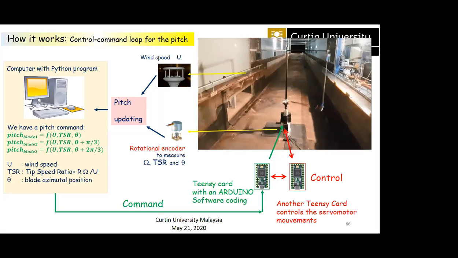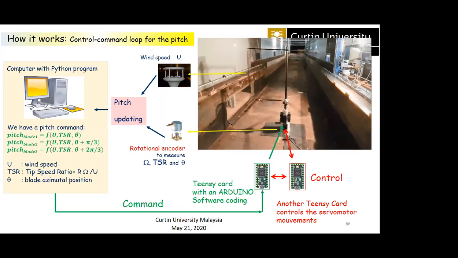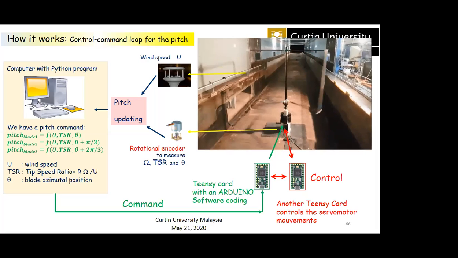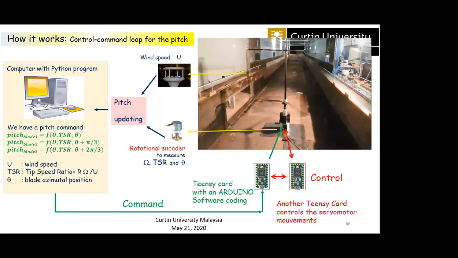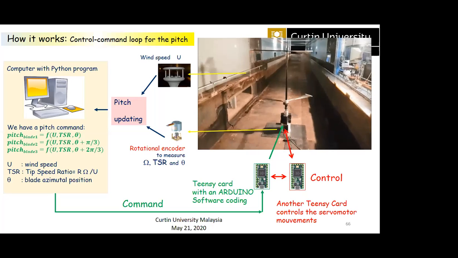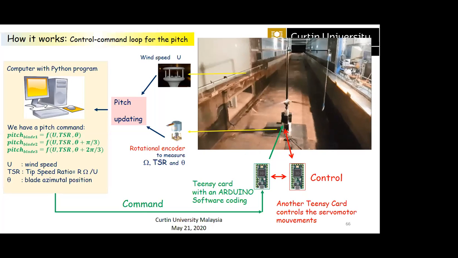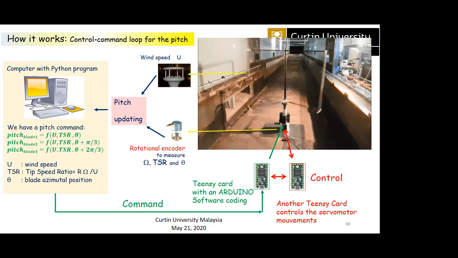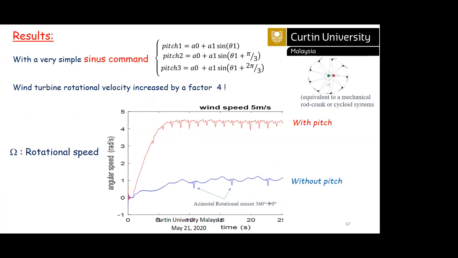We fed this information back to the computer. The computer takes the data for TSR, the angular speed and the incoming wind speed, and based on that it prepares a control law, which is sent back to the servo motors again to control the right pitch for the blades. So that was the loop.